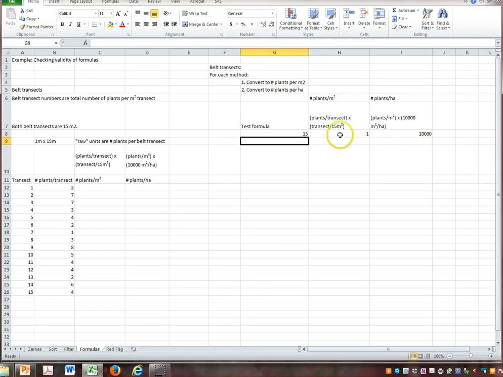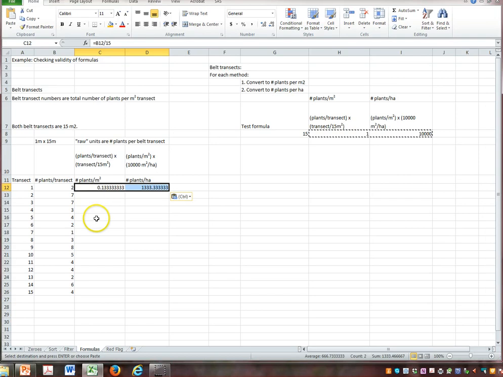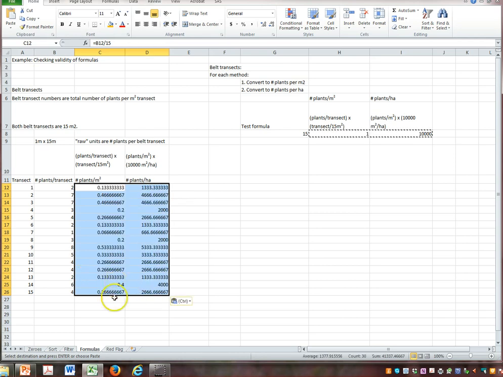If I had gotten a wrong number, testing something that I know how it's going to work out, I would then re-examine my formulas and make sure that they were okay, find out where the error was and fix them before I just assume that I'm using the correct formula. And now that I have this formula set up, I can copy it into place and copy it for all of my data.